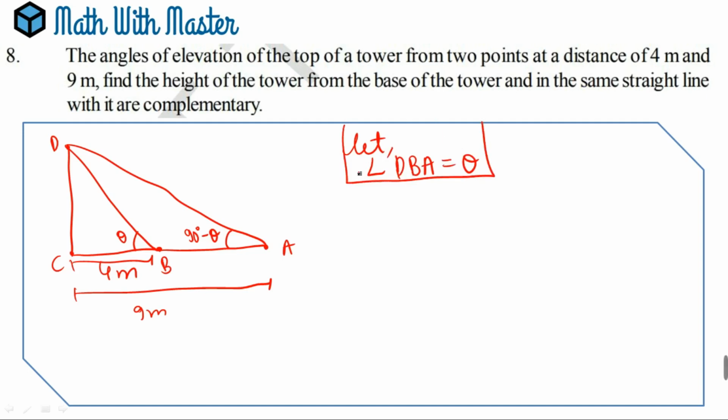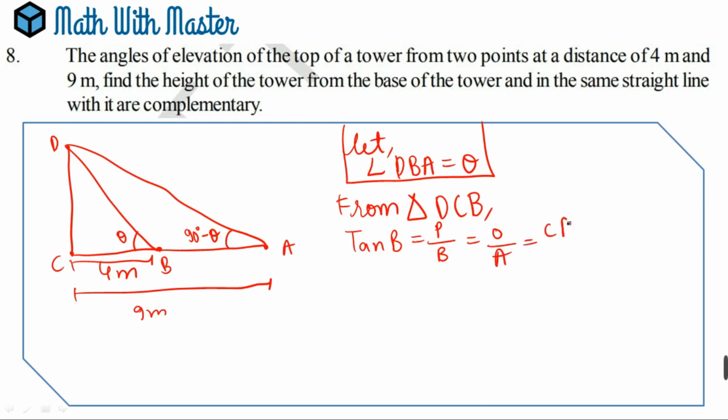So from triangle DCB, tan B is equal to perpendicular upon base, which is opposite upon adjacent, which is equal to CD upon BC.